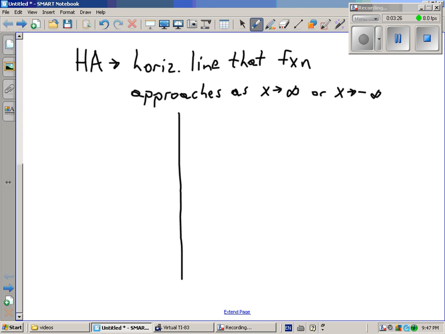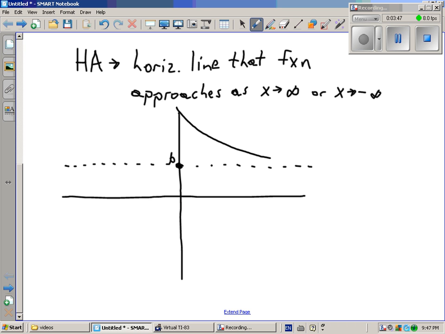What this can look like is we will wind up having a horizontal line here, and I will say it's at y is equal to b. Right now I'm only going to look at the right-hand side, because for the left-hand side I think you'll get it; we'd just be going to negative infinity rather than positive infinity.